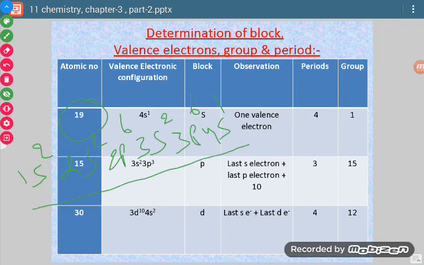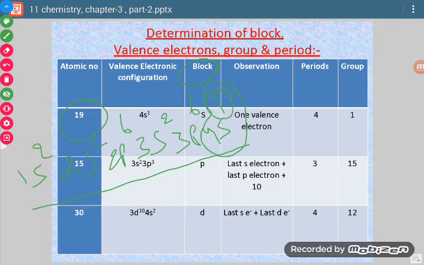This is the electronic configuration for the element having atomic number 19. I found that the last electron enters the 4s orbital, which is an s orbital, so it belongs to s block. Now I will check the number of valence electrons. One valence electron is there.